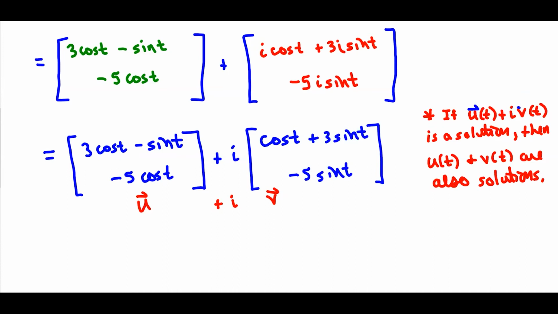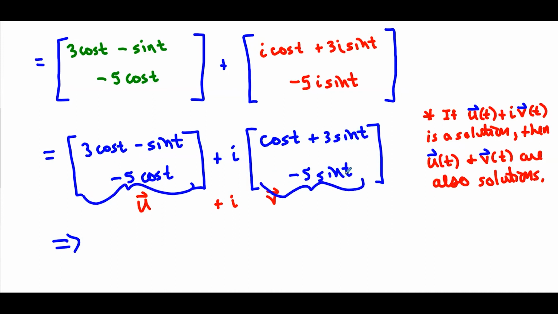If I just change these to vectors, the same thing holds for these vectors, which is nice. I'm not going to prove it here, but you can look at that and see if you agree. So that means that this vector is a solution, and so is this one.